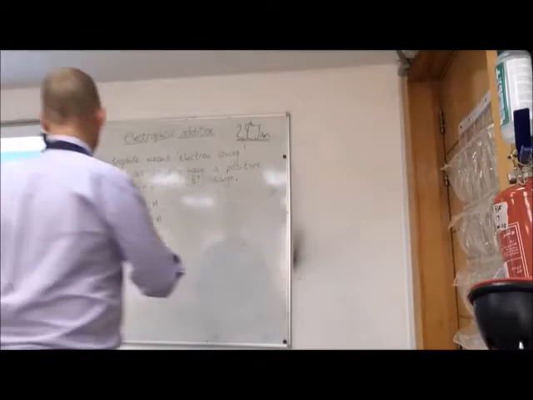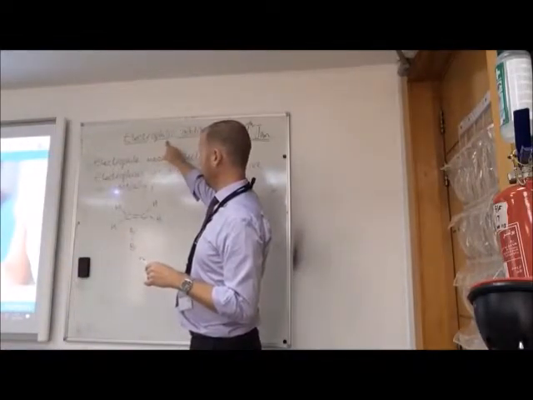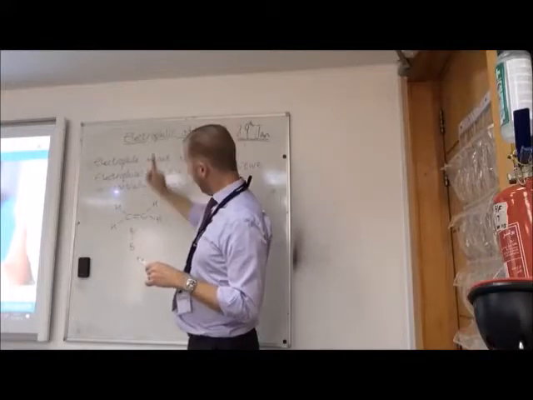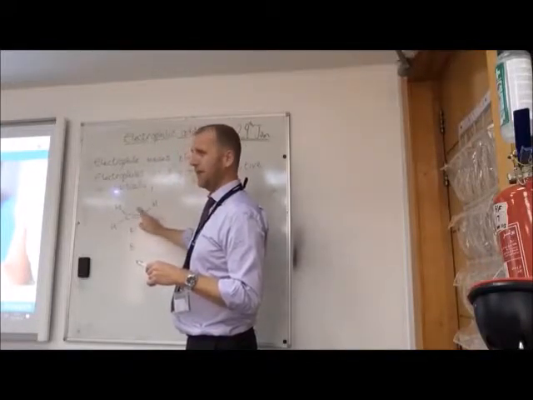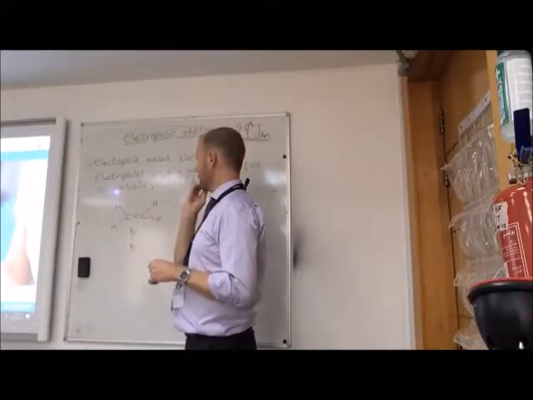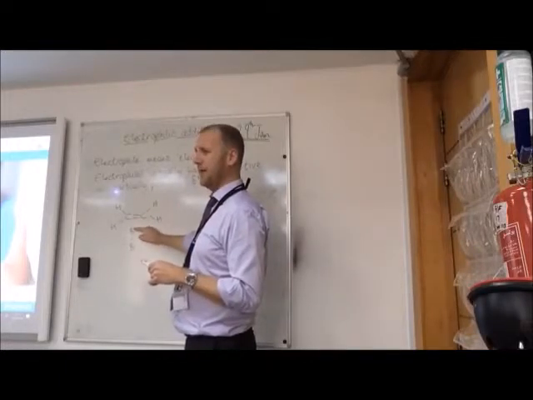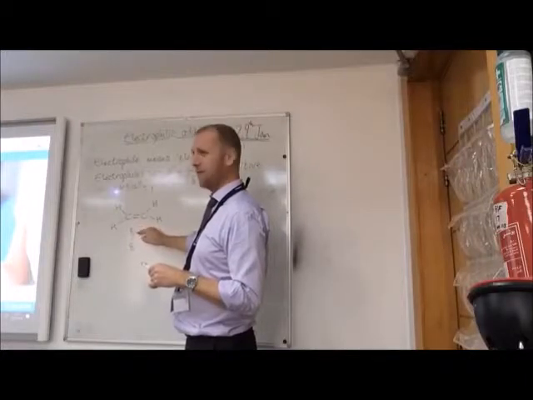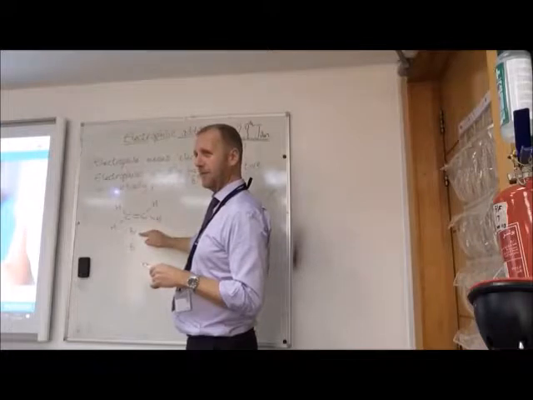But we need to make from bromine, well, we need to come up with an electrophile. The double bond here, what does the double bond have lots of? Electrons. Interesting. So if there's lots of electrons here, and this bromine comes close to it, what's going to happen to the electrons that are on this bromine?